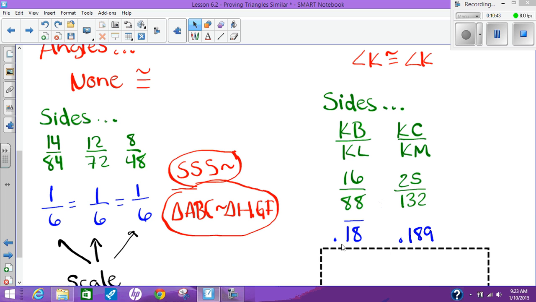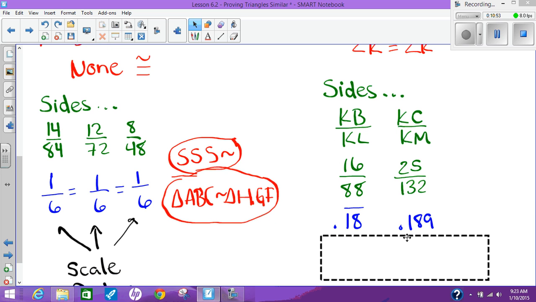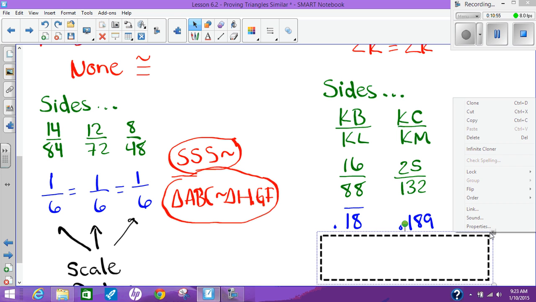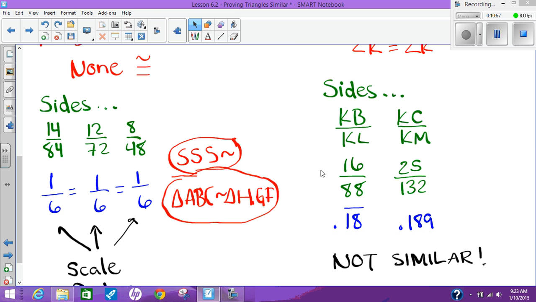If you pop that in your calculator, you'll see that they are not. They're pretty close. 1.18 repeating, 0.189. They're pretty close, but they are not equal, so those pairs of sides are not in proportion. So we can say that these two triangles are not similar.